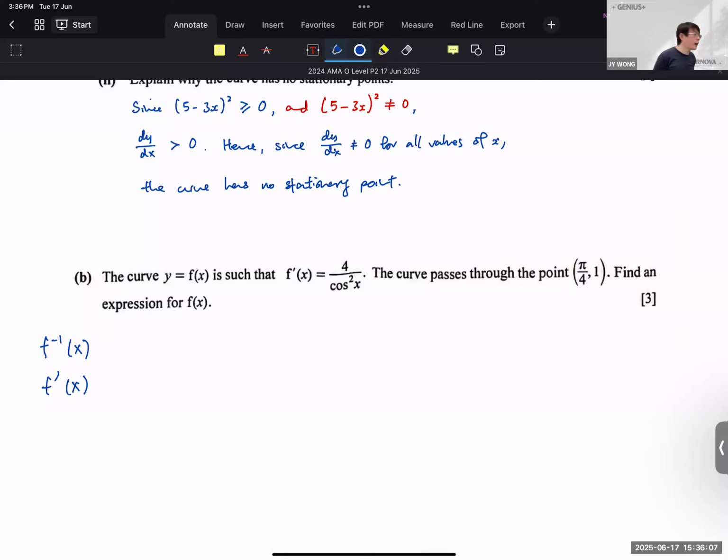If I have 3x, what's my inverse function? 3x means x times 3, right? So the inverse of x times 3 is something divided by 3. So the inverse function is x over 3. That is called an inverse function. But last time, students would confuse f prime x versus f inverse x.